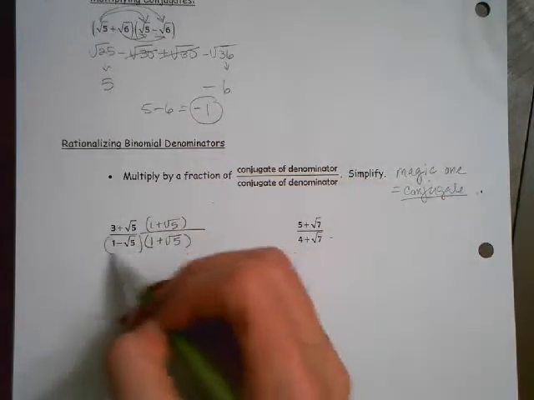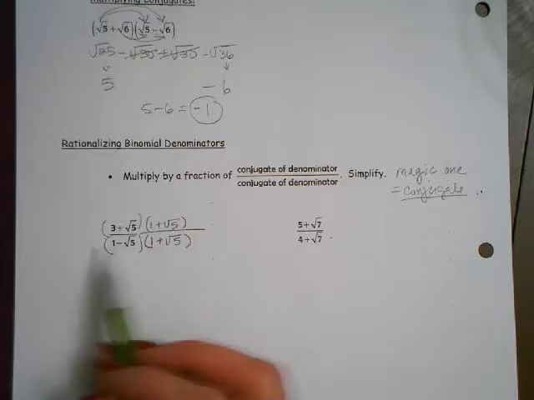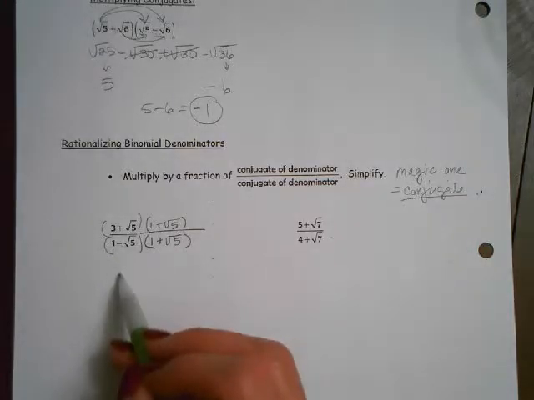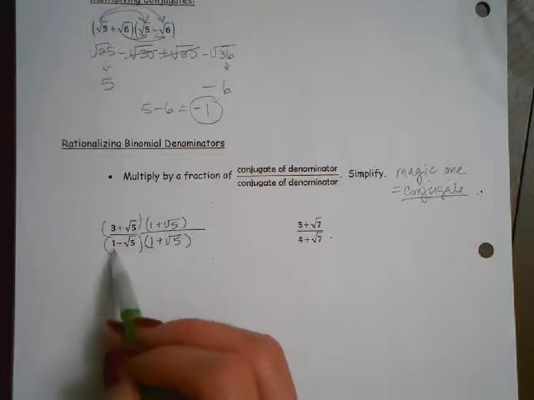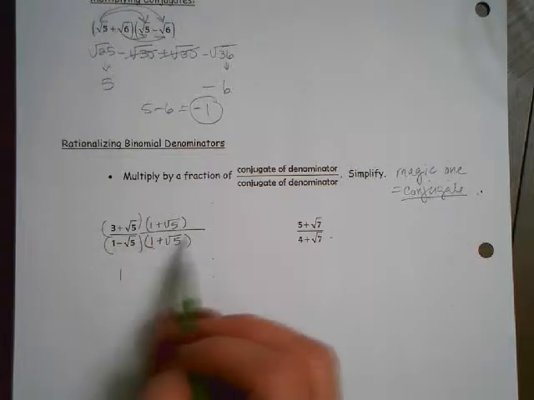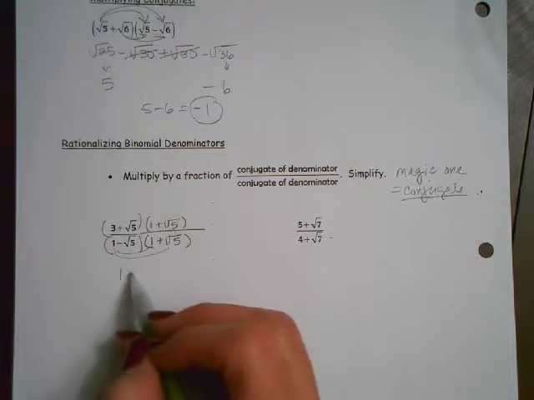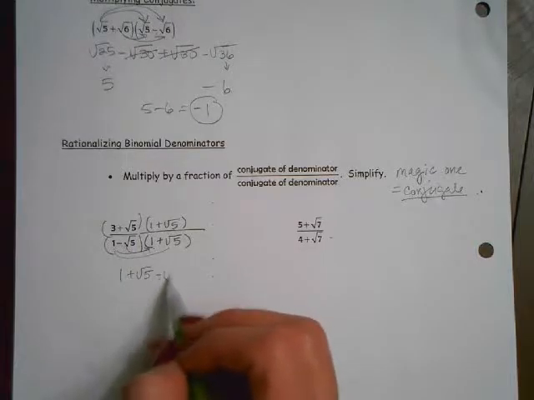Okay? So then, they're being multiplied, because that's what we're doing, so I can do the distributive property. Well, if I look at the bottom, 1 times 1 is going to be 1. I have a negative square root of 5 times 1, and I have a positive square root of 5 times 1, so those actually cancel each other out. If you don't see that, I'll just go ahead and do it so you see it. So a positive square root of 5. I have a negative square root of 5 times 1, which is a negative square root of 5.